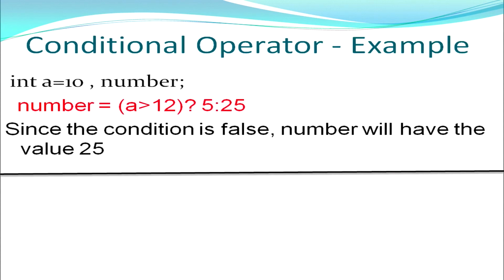We have an example here of the conditional operator. We have in fact 2 examples here. In the first example, we have 2 variables, a and number. So, number will be assigned the value 5 if a is greater than 12 and 25 otherwise. Now, as you can see in the example, the condition is false, so the number gets the value 25.